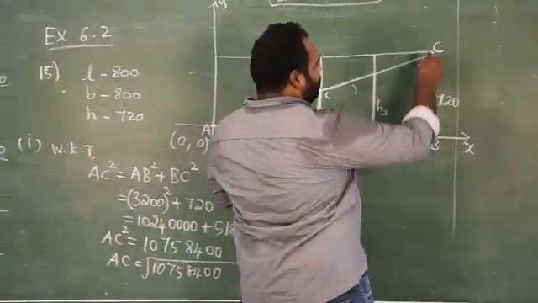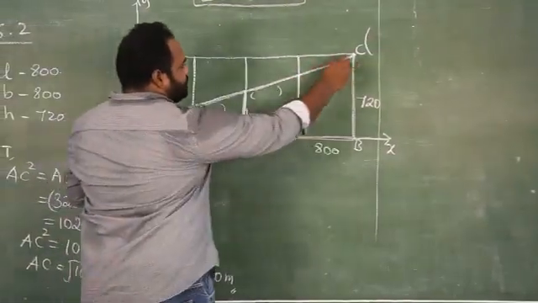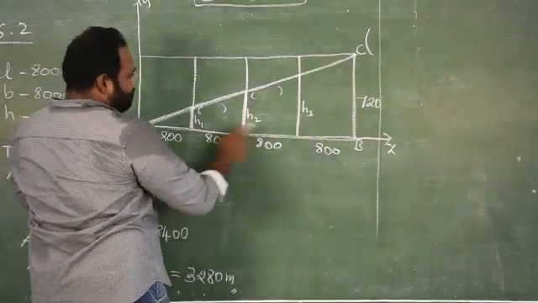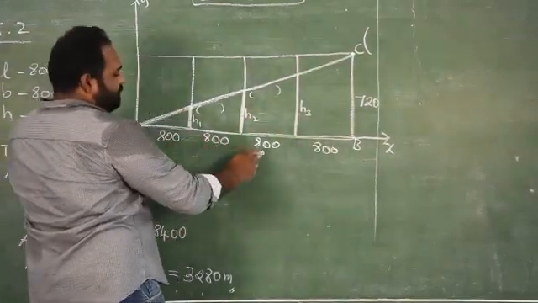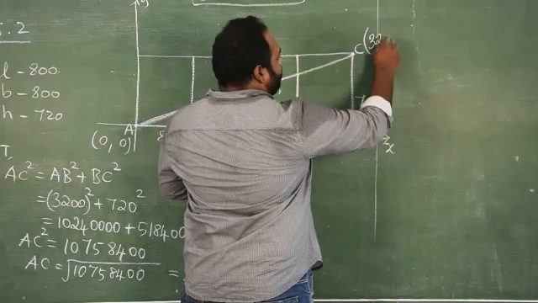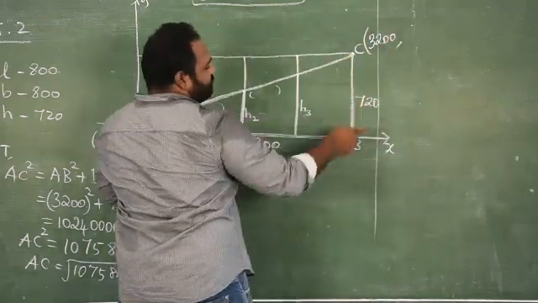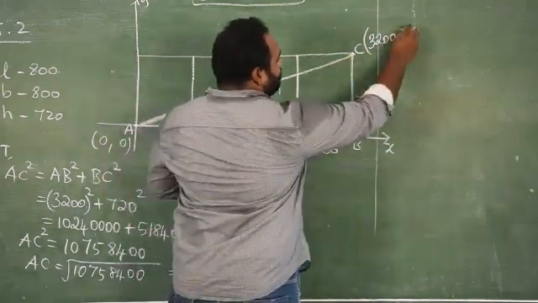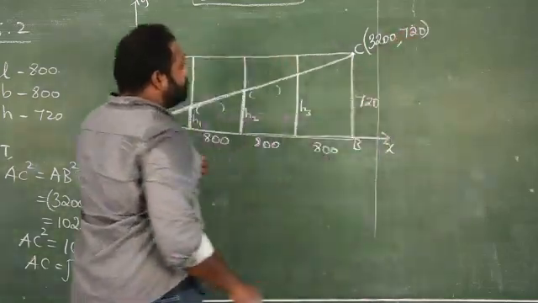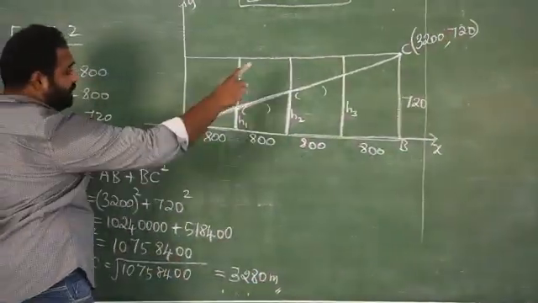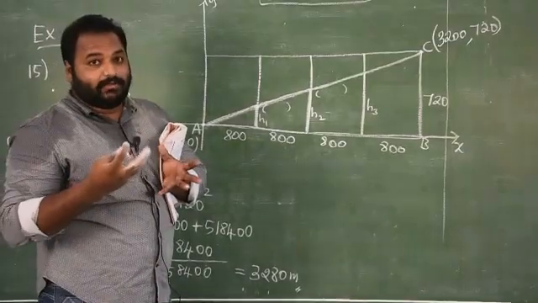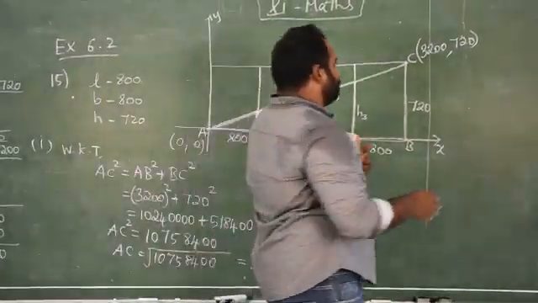But here we can have another point. This coordinate is the total length of AB. Total length of AB is 3200, and the y value is 720. So by using these two coordinates, we can bring the general equation.